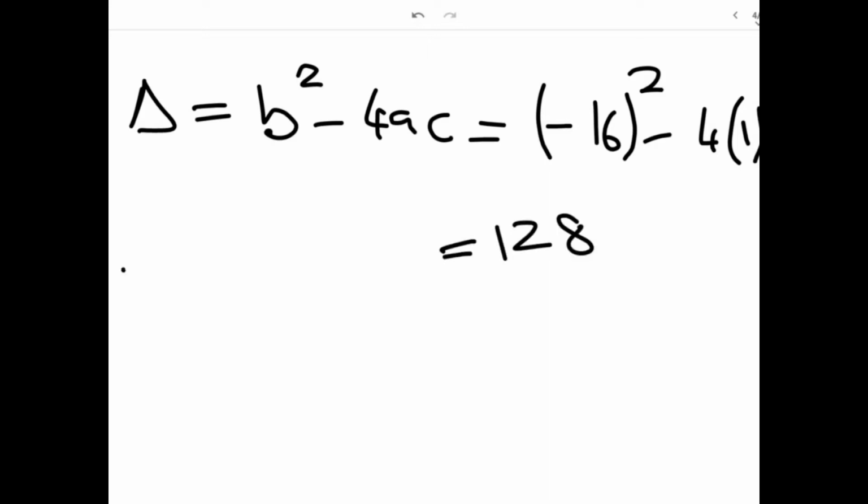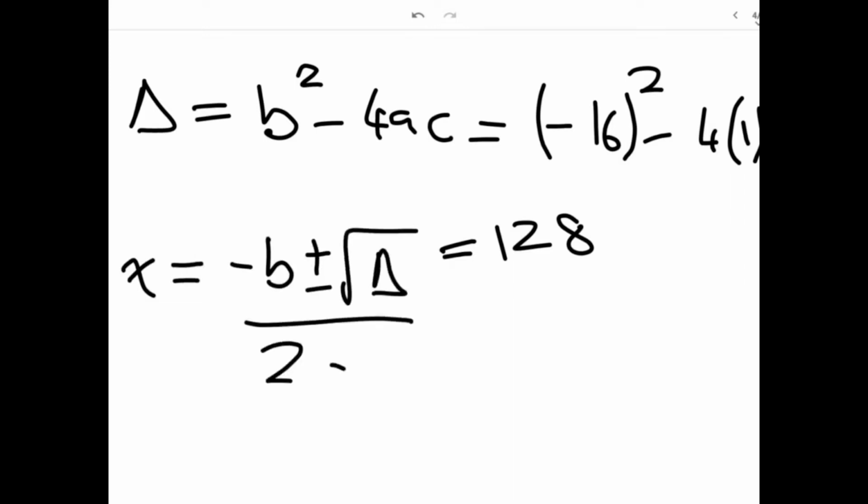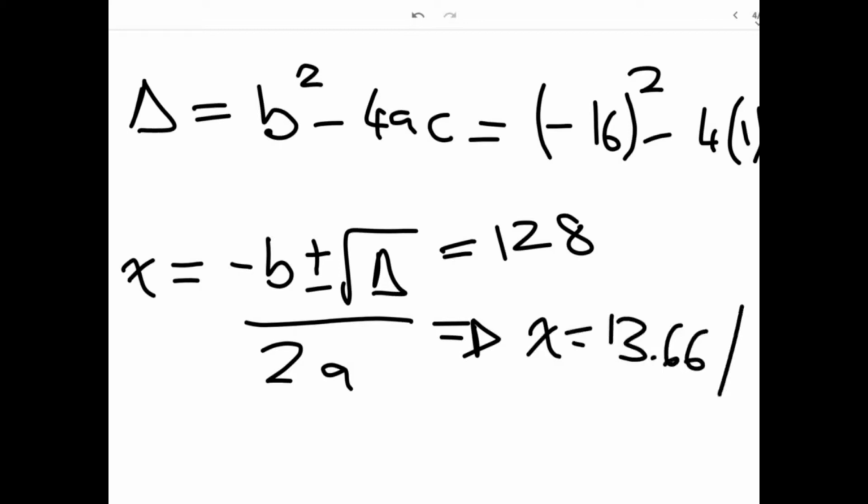Then after you do X equals minus B plus or minus radical delta over 2A, you will get X equals 13.66 or 2.34. This is greater than 4, so it's cancelled, and this is the correct answer.